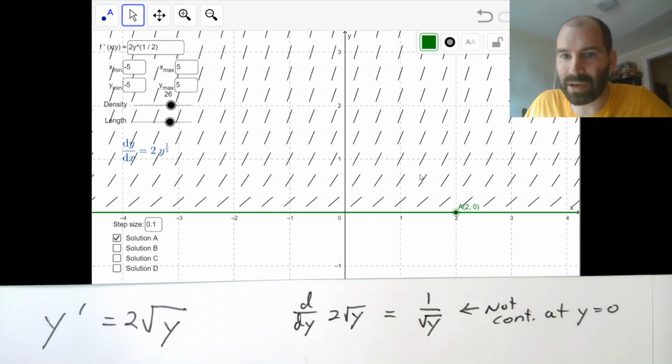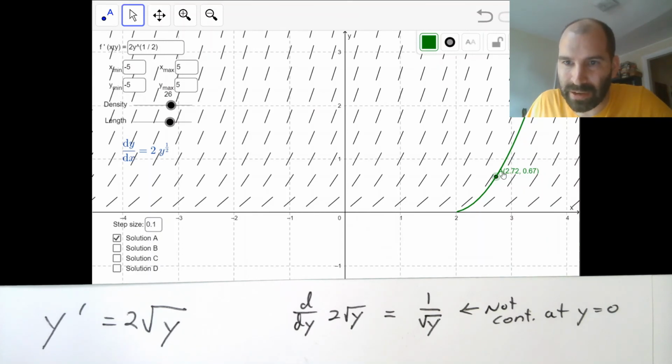Well, I see I'm getting a horizontal line. Is that the only solution through this point 2, 0? Well, look, if I lift this off, and I just move this over here, right there, look, I got another one. I got a curve that's coming down and hits the point 2, 0, and then I know that the horizontal line is a solution, so it looks like I'm getting another solution.